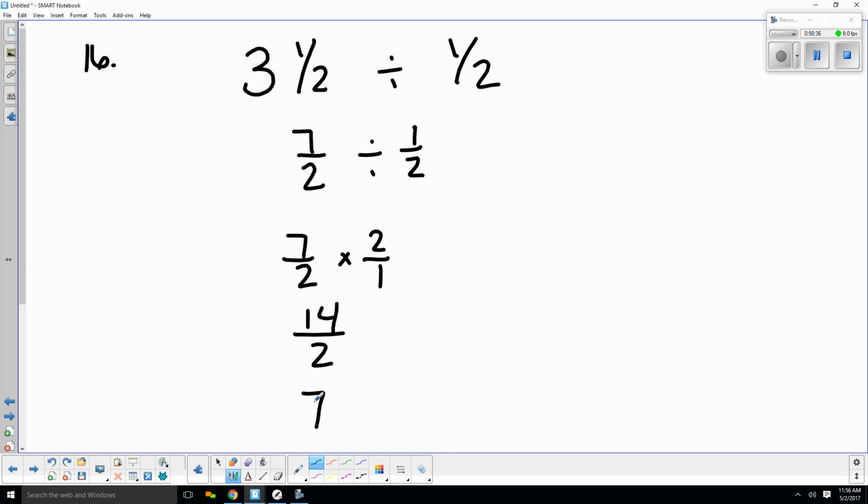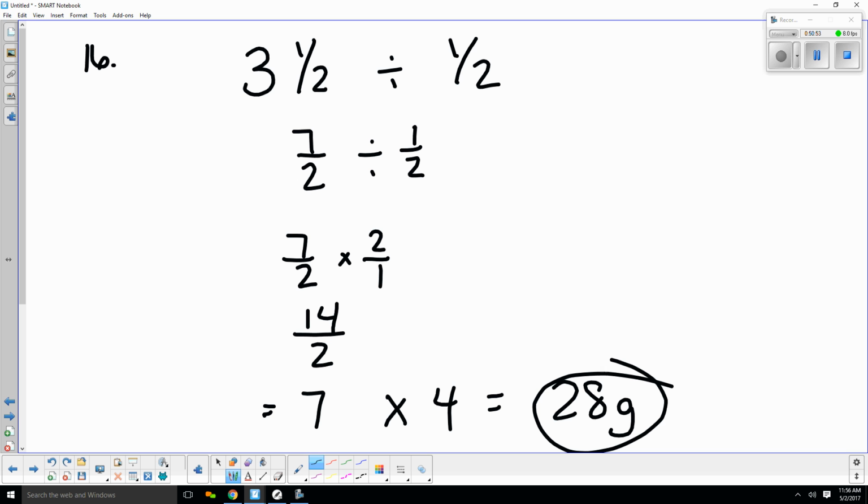Multiply. In this case, divide. It comes out to a whole number. Now, so there's seven servings of milk I can get out of 3.5. So now I'm going to take the 7 and times it by my 4 grams. So that would be 28 grams of protein in that 3.5 cups of milk. So that would be D. Okay?